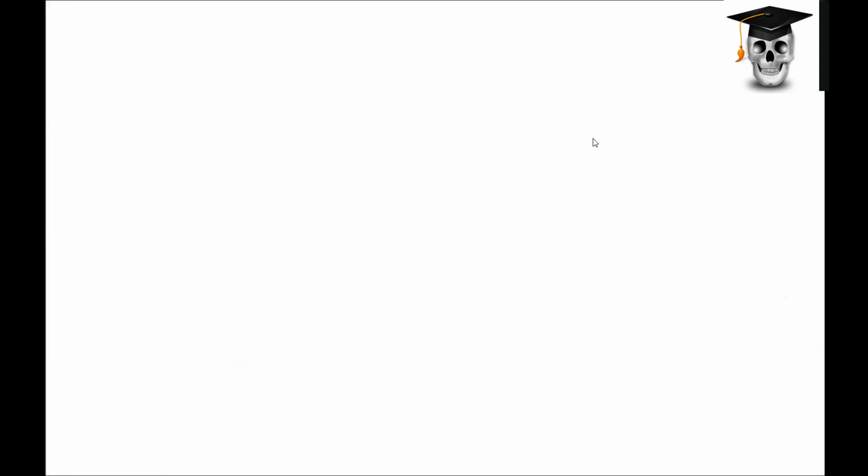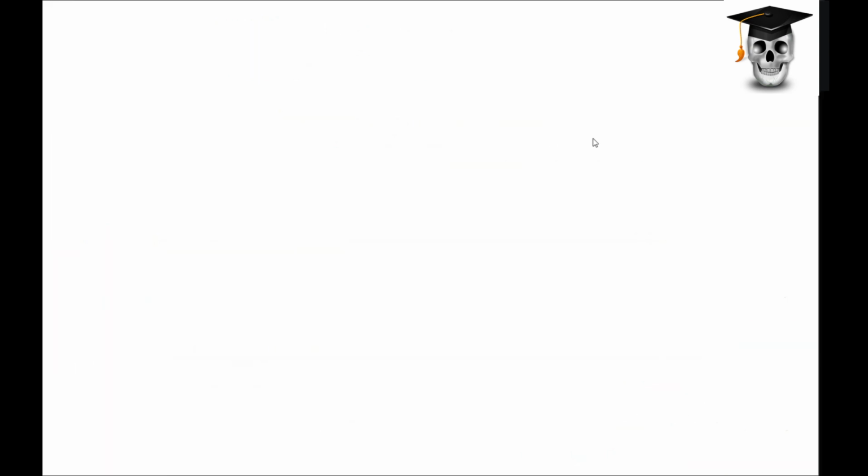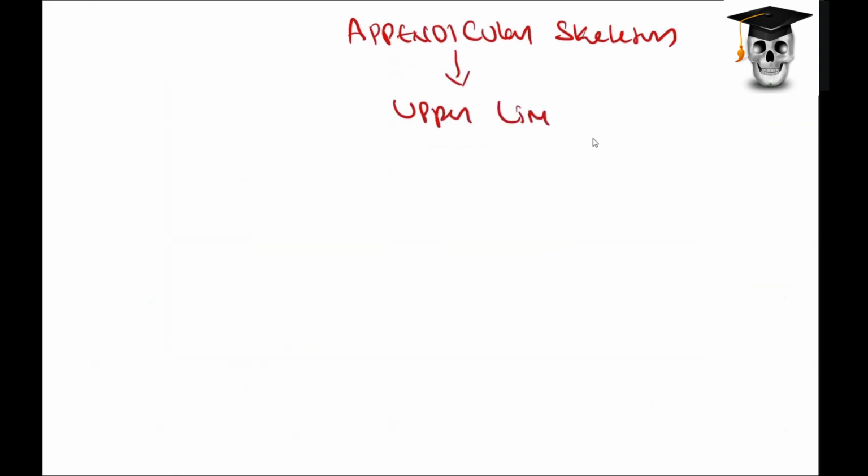Okay, fine. Now, what we are starting in our osteology is the appendicular skeleton, because we are doing the upper limb. The upper limb is made up of two parts.